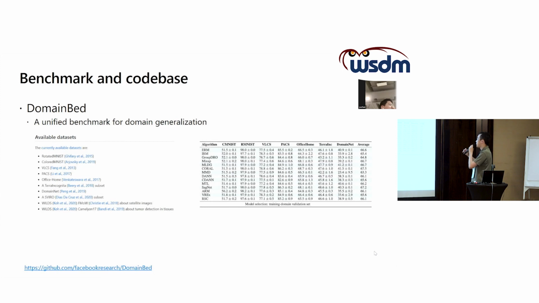One interesting thing is that, based on DomainBed, as you can see from the results, perhaps one of the best algorithms is still empirical risk minimization, compared with other methods designed for domain generalization. This indicates that in this area, there are still many works that need to be done.